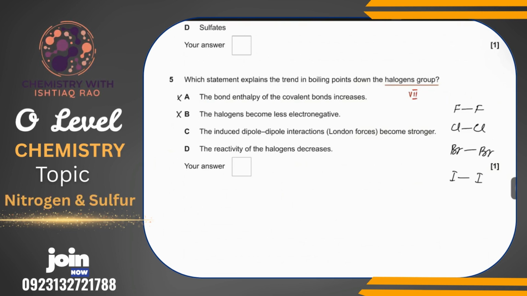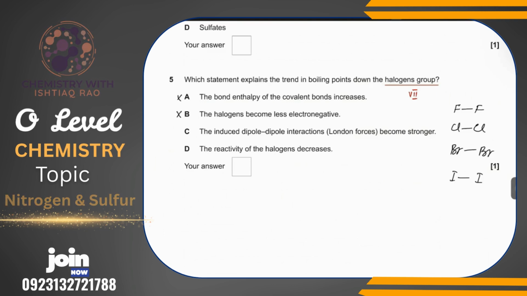Option C, the induced dipole-dipole interactions, I mean to say London forces. Of course, London forces are present between non-polar molecules. They all are non-polar. F2 is non-polar, Cl2 non-polar, Br2 non-polar. They are not going to have a charge. I told you, whenever you have a formula, if you can see different elements, you can say the compound is polar, but if you can see the same elements, you can say the compound is non-polar.